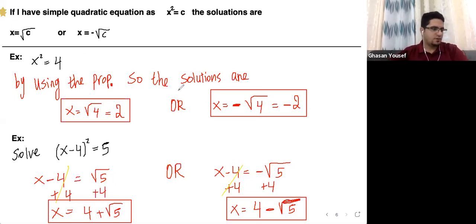Okay, so no questions. Now we're going to learn how to solve the quadratic equation by completing the square. So we started this section with how to solve a quadratic equation by factoring. Second, by using the quadratic formula. Now we're going to learn how to solve a quadratic equation by completing the square. So another way to solve a quadratic equation.